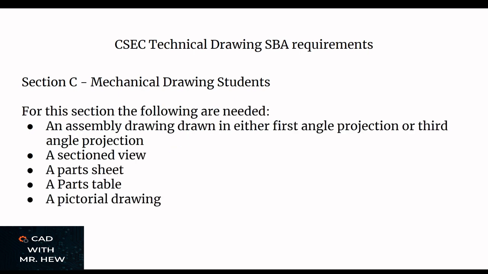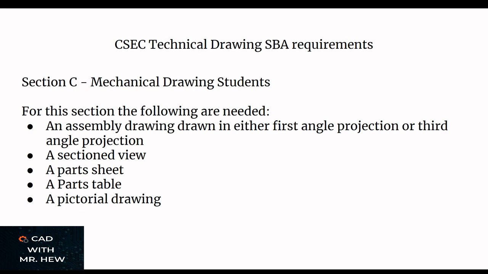So the mechanical drawing students, right, will be required to produce an assembly drawing in either first or third angle projection. Secondly, the candidate will be required to produce a section view. Then the candidate will be required to produce a parts sheet.